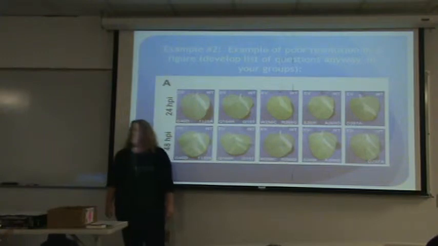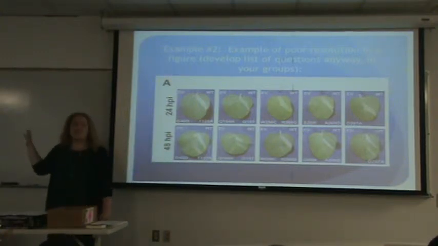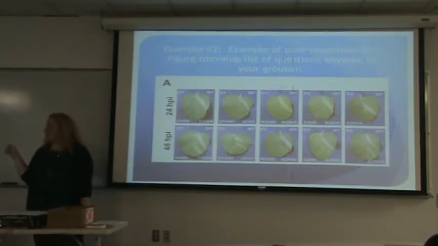I'm not going to go into all the details of this because it's not the point, but what are some other questions about this? Is this one leaf or multiple? Good question.